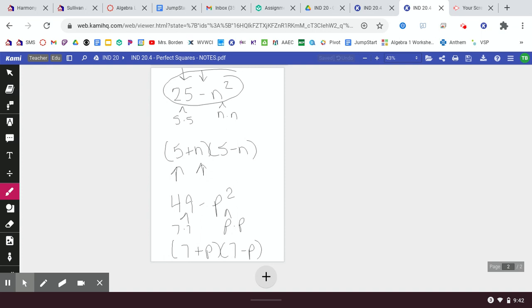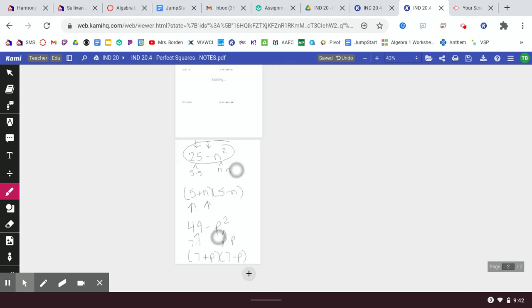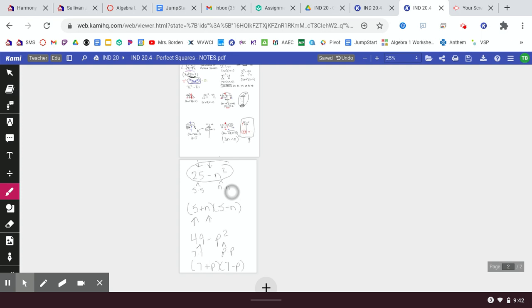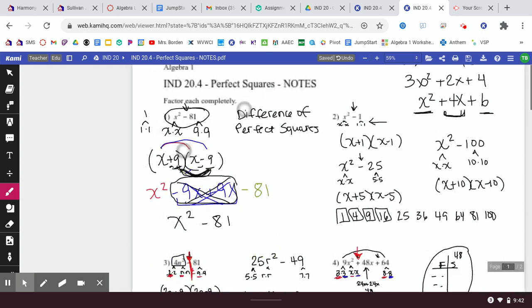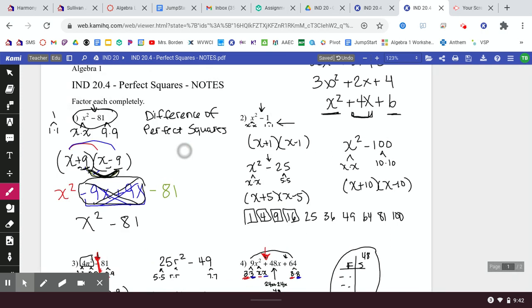If the number's first, write the number first in the bracket. If the variable is first, like in our examples here, right? Here the variable was first. Let me erase all this extra junk that we don't need. Just get down kind of the bare bones answer.